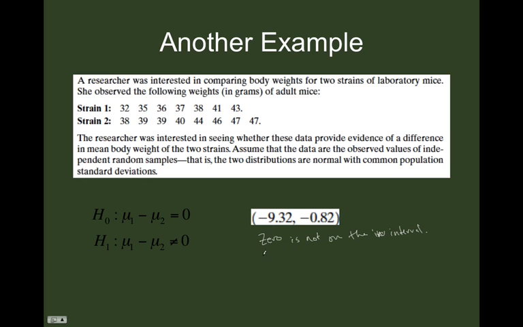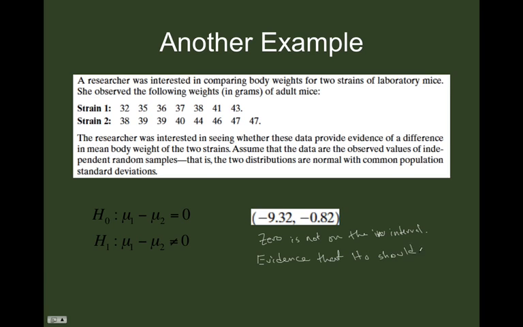Therefore, in a two-tailed test, this confidence interval would be statistically significant evidence that H naught should be rejected.